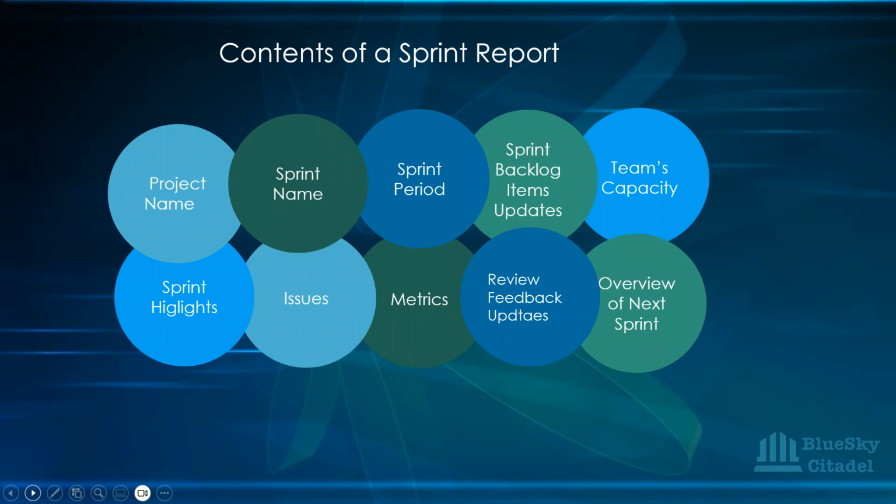And then you put the sprint highlight. Why you have the sprint highlight there is so that all the stories that you're not able to complete, maybe they're all in progress and all that, you give a highlight of why those stories are not completed. And like I said, you can just bullet point it to say, oh, a complexity, a technical issue, a risk, a dependency from another team, whatever caused those stories not to be completed.